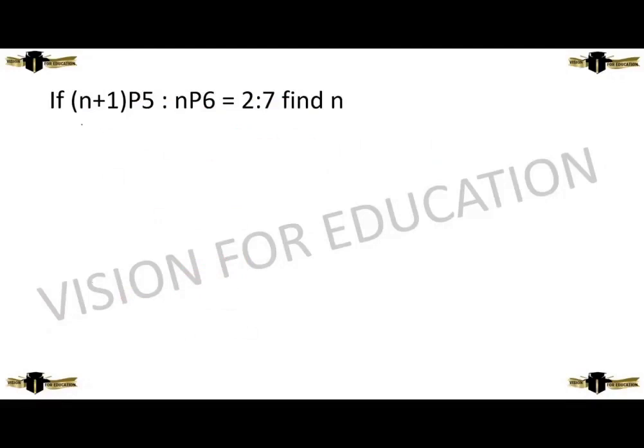Now coming to our next problem: (n plus 1)P5 to nP6 is in the ratio 2:7. Find the n value.